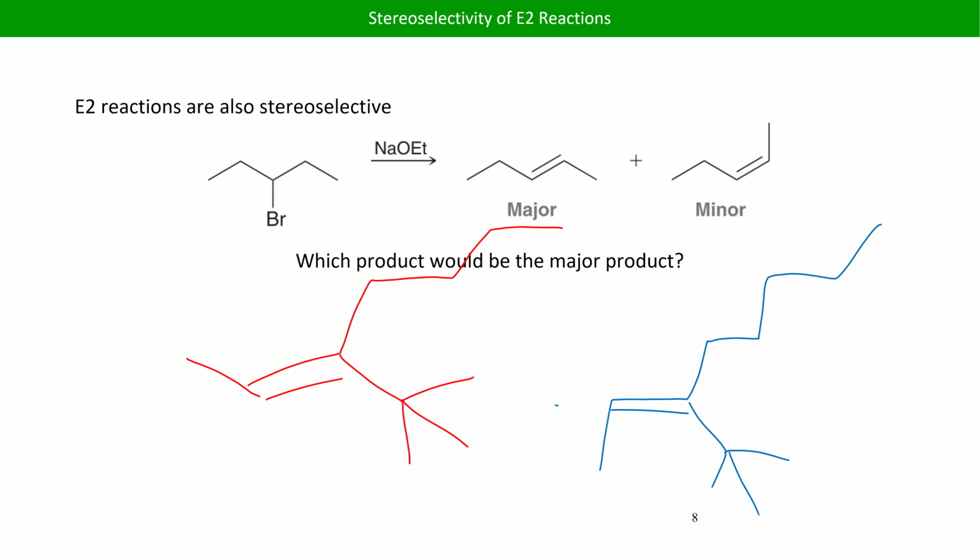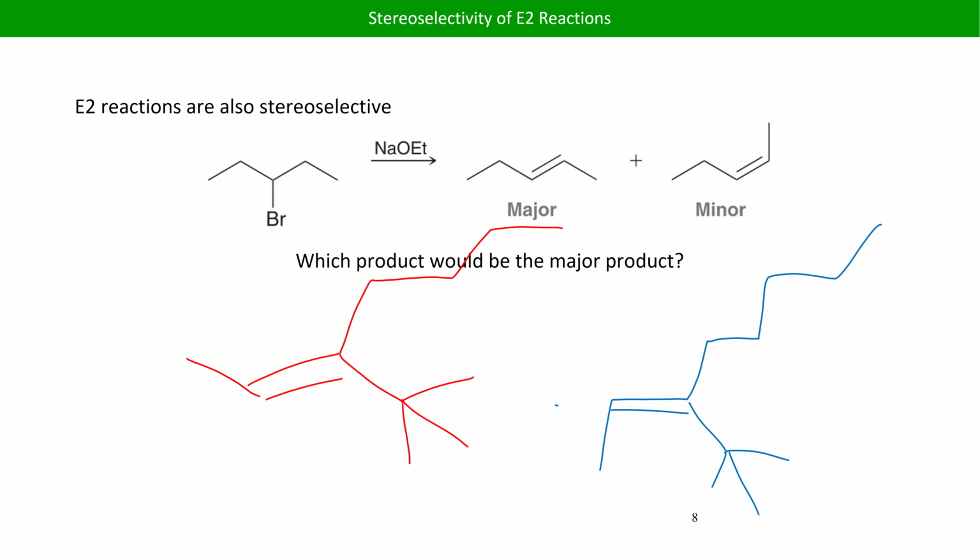They're not the same thing, because this methyl is flipped. So it's an E and a Z difference, right? Which of these is going to be favored, the red or the blue? Well, how do you say which is E and which is Z? Let's do that first.